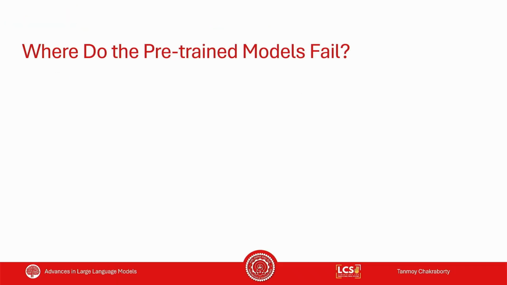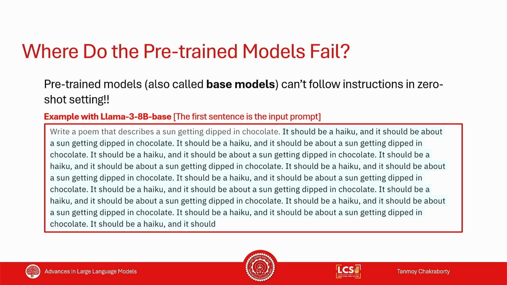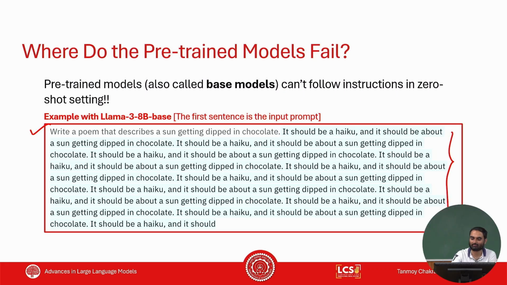Okay, so we are discussing pre-trained models, and let us understand the problems of pre-trained models. Let's say if you ask Llama 3 8 billion, which is also an open source model, to write a poem that describes a sun getting dipped in chocolate, you see the model will produce this kind of response.